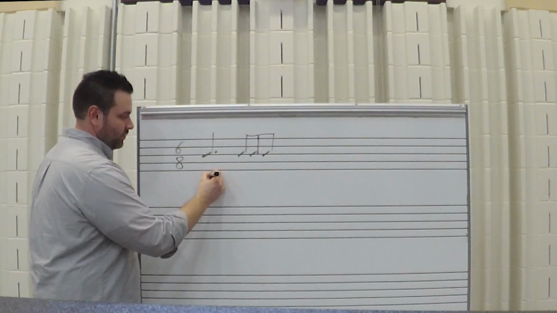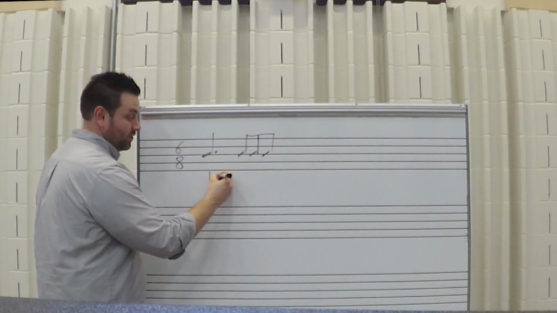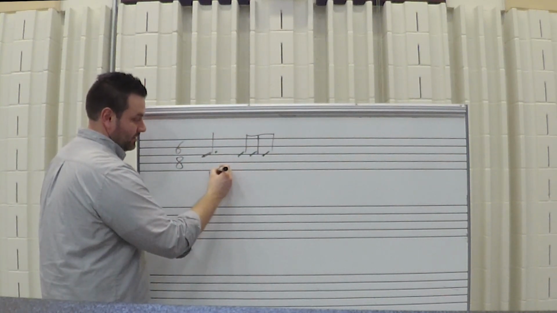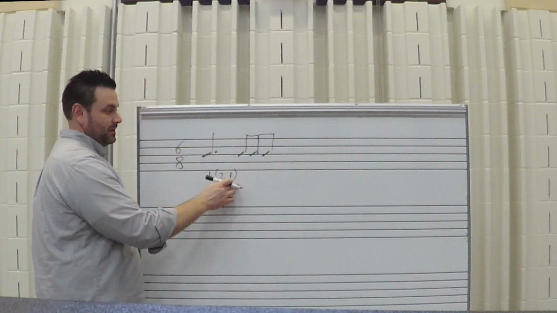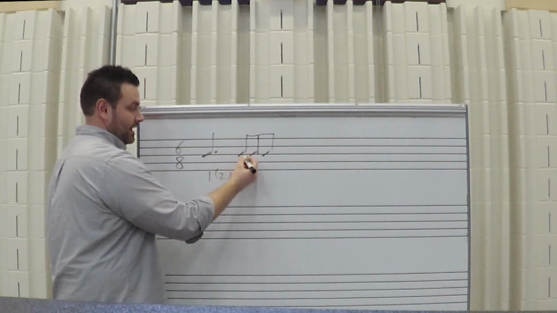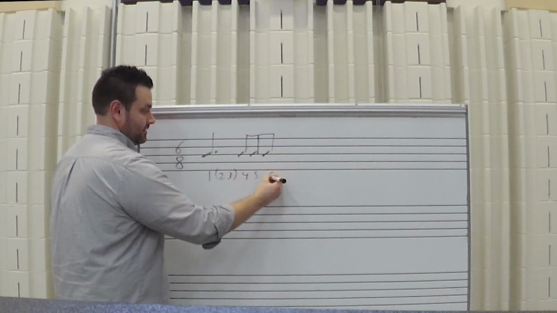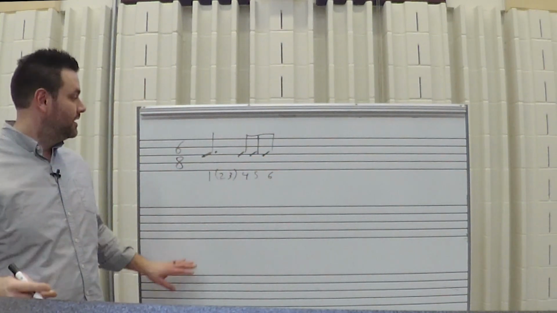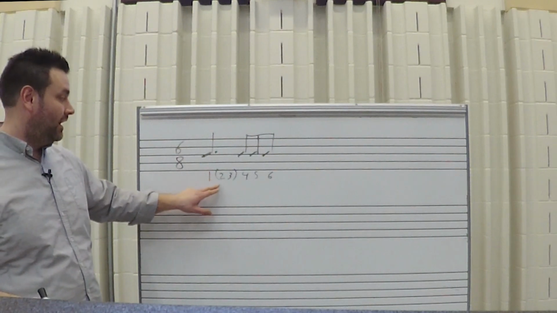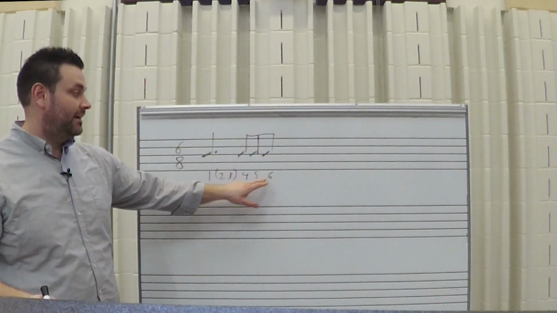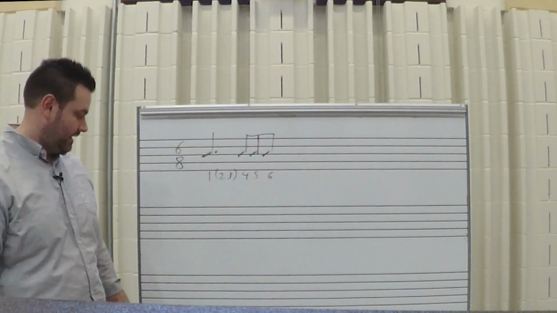So this is going to be beat 1, and then also beat 2, and beat 3, right? We're going to hold through beat 2 and beat 3. This is going to line up on beat 4, 5, 6. Okay? So this rhythm would be 1, 4, 5, 6.